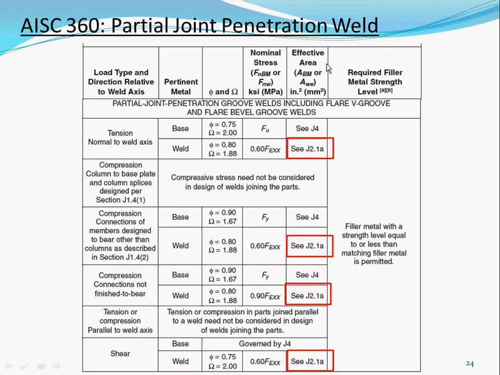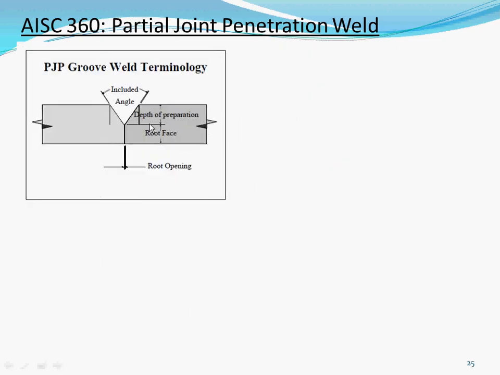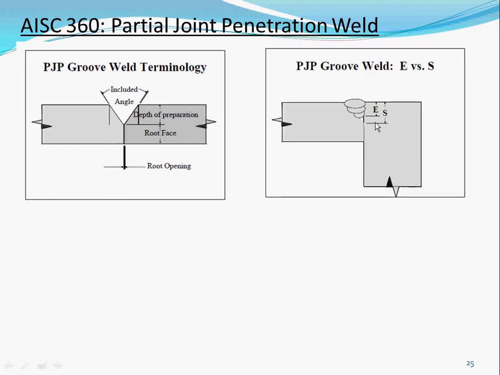And again, when you say effective area, they take you to another section. For PJP, you only get to use a certain area. You don't get to use the full area.